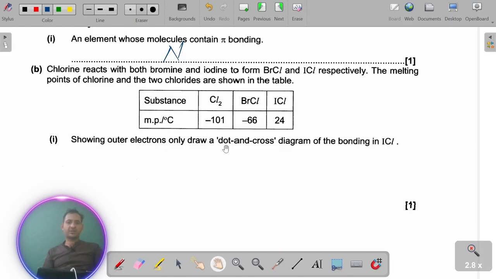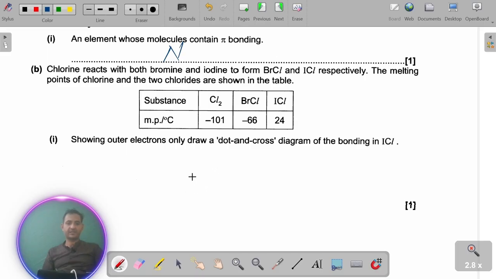Show the outer electron dot and cross diagram of the bond in ICl. In ICl, the melting point is higher, so it means here we have I and Cl.